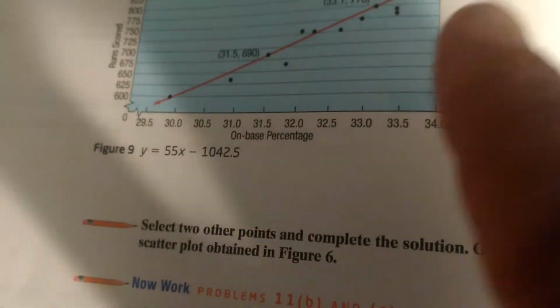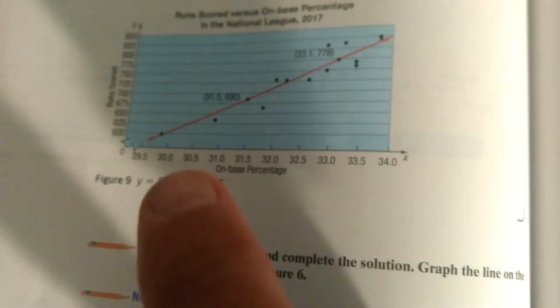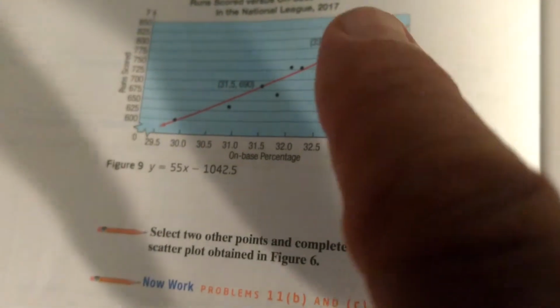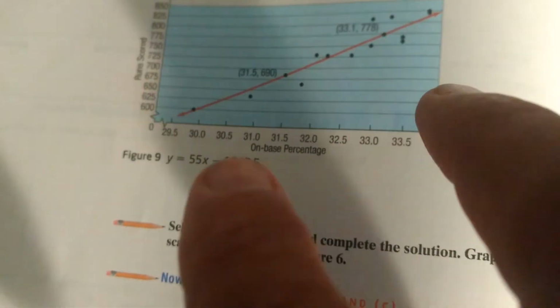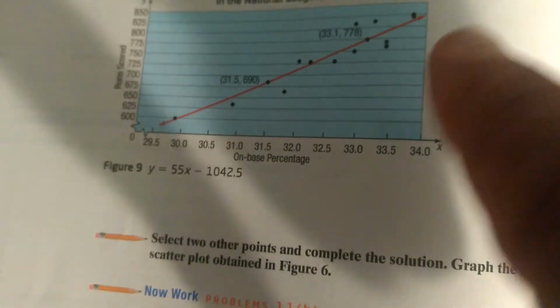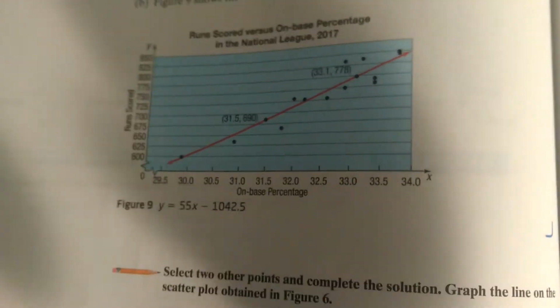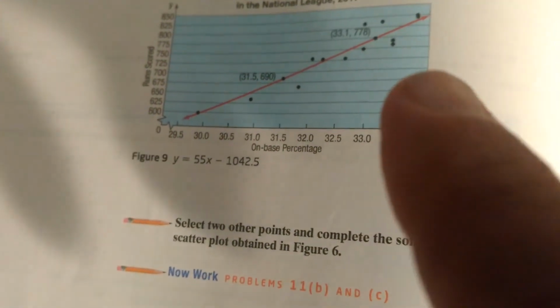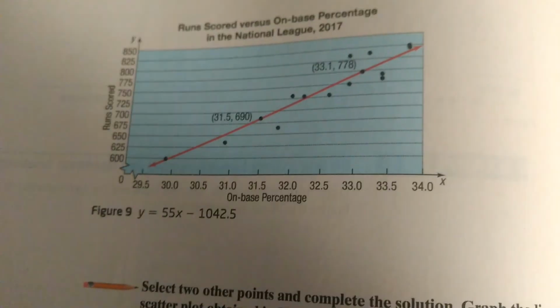If you were to move this line this way, you'd be increasing your distance here and somewhere here, but decreasing some. If you did it this way, you'd be doing the same thing. This line right here has the most amount of points that hit the line, but also has the least perpendicular distance between the other points. And that's what we call the best fit line for real world data.